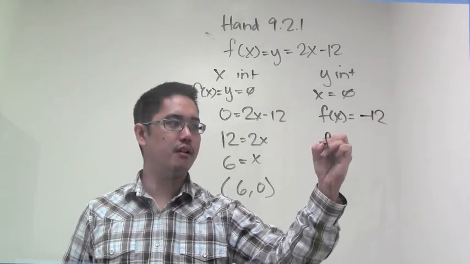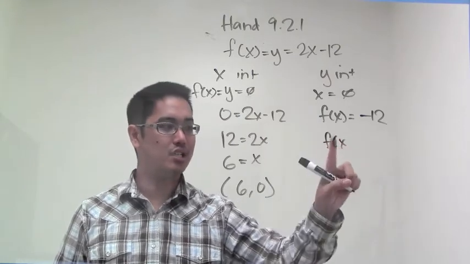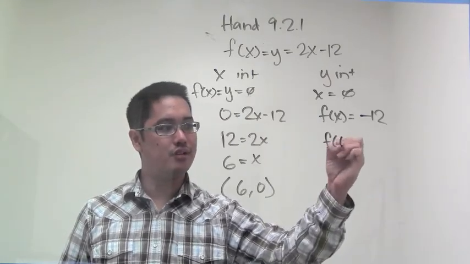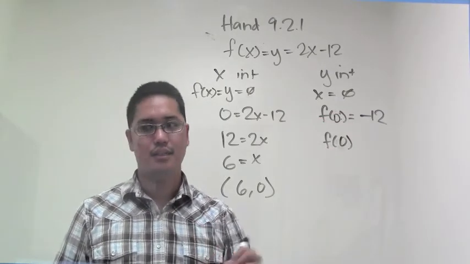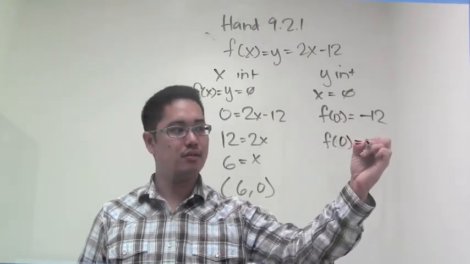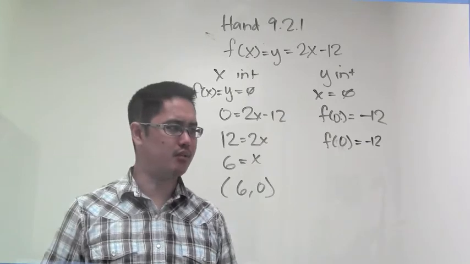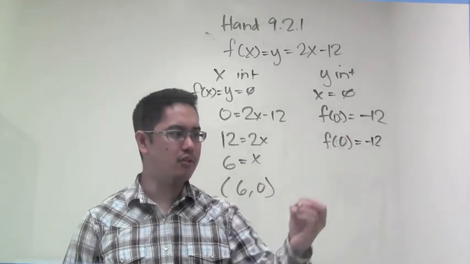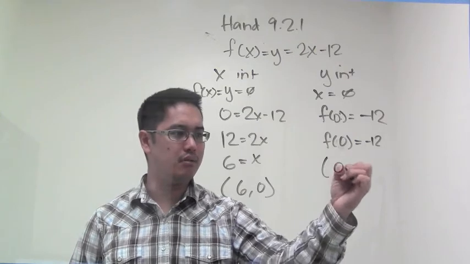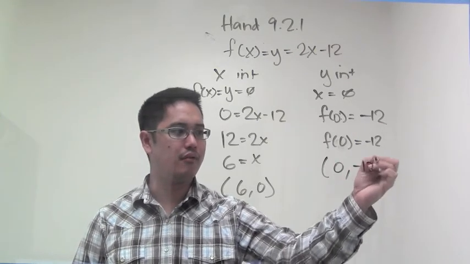You've got f of x, or actually f of 0, because we plugged in 0 for x. f of 0 is equal to negative 12. So if I want to give you the coordinates of this point, it would be 0, comma, negative 12.